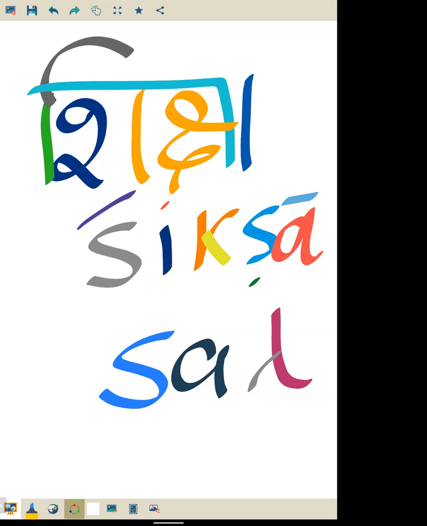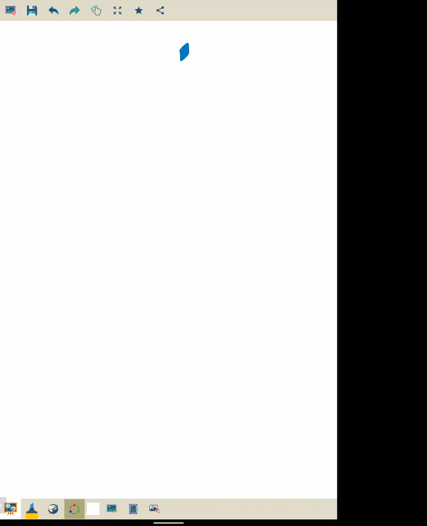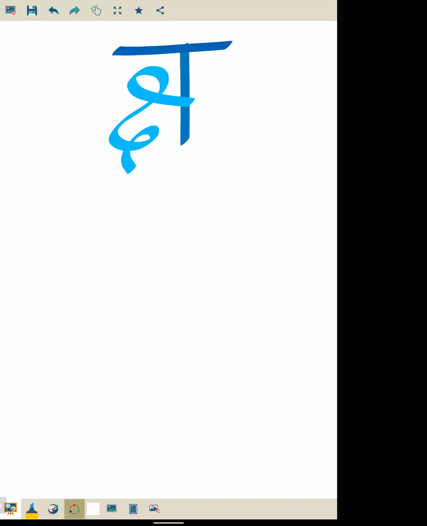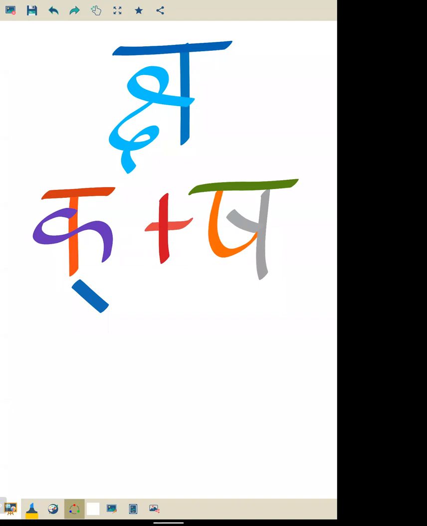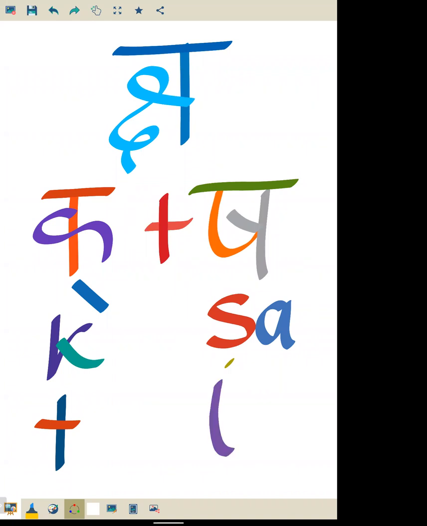Now I will explain. We are talking about this. It is a combination of two consonants, that is ka and sha. Now the question is how we can join them, this ka and sha.